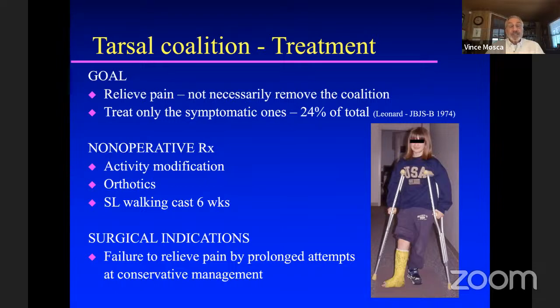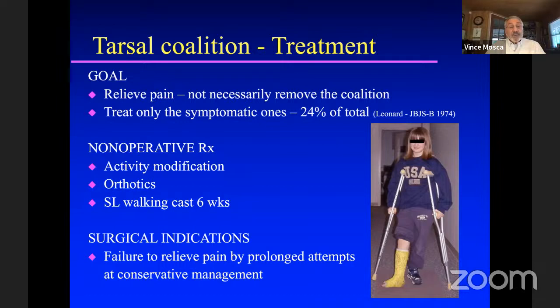And there are 2 studies that say that you have about a 30 to 50% chance of eliminating pain in a painful tarsal coalition by doing one of these non-operative measures: activity modification, swim rather than play soccer, or swim rather than play cricket, use a soft orthotic or short leg cast or boot.